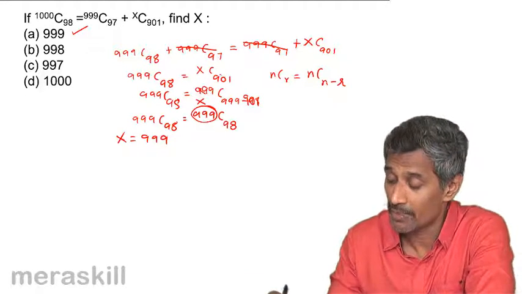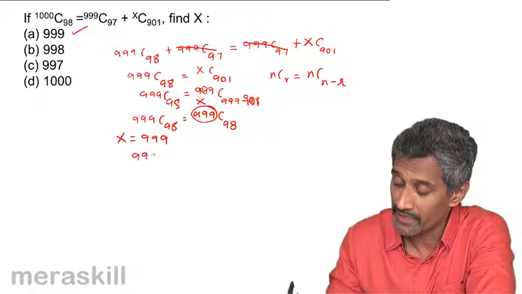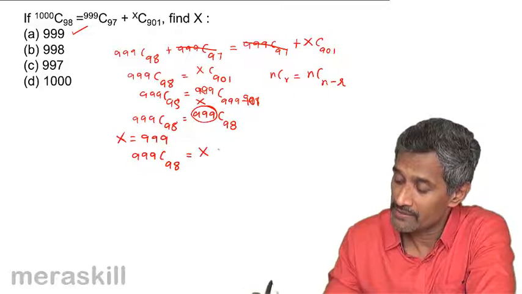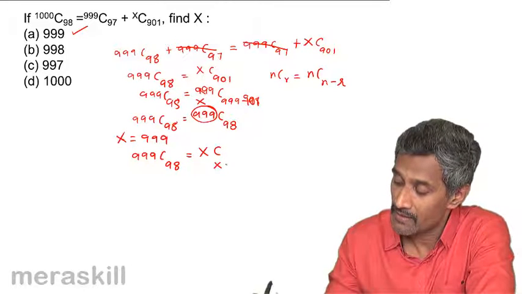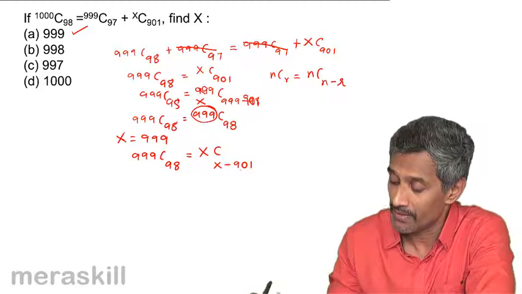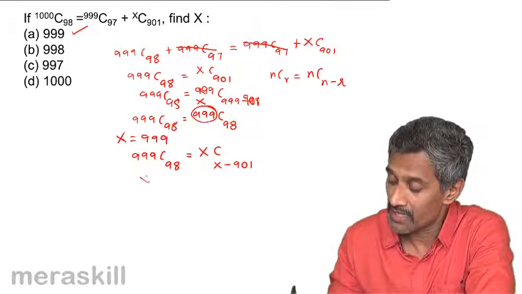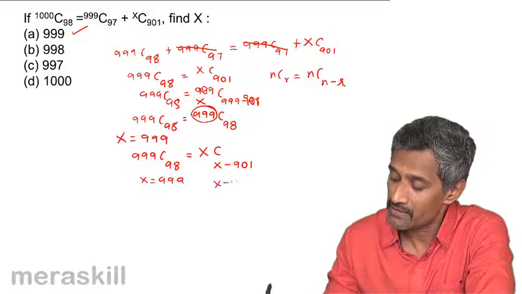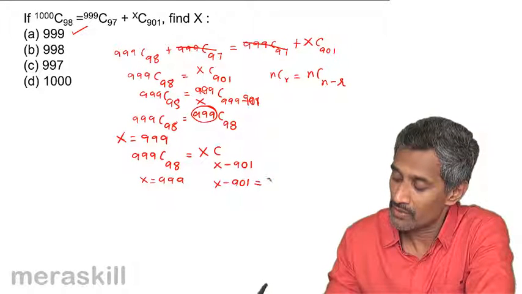Or there is another way of doing it. We can write it this way, 999C98, and this can be written as XC X minus 901. We can even equate this way. So even in this case, you can say X is 999, or you can equate X minus 901 is equal to 98.